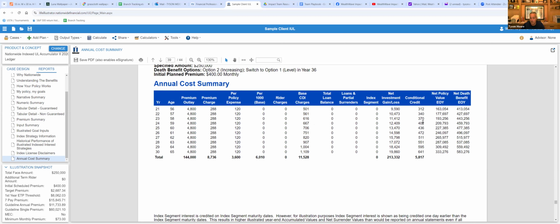Here, it's buffering them pretty dramatically. You know, here at age 60, you're paying $706 for insurance fees, but your credit endorsement that year is $436. So this starts making it a really low cost investment vehicle when you start comparing this to mutual funds or anything else. You know, and let's do that for a minute.